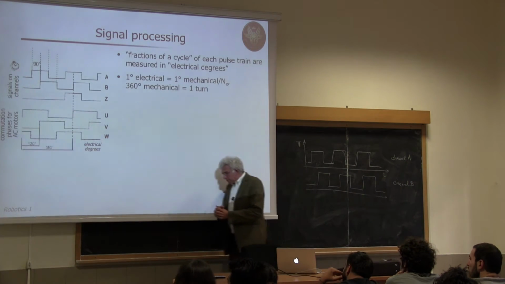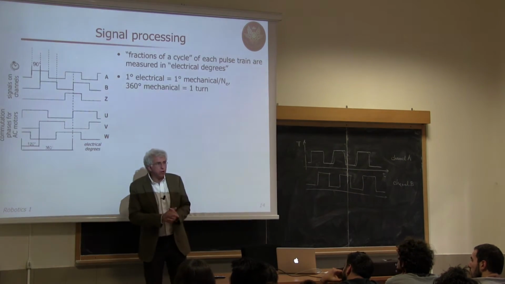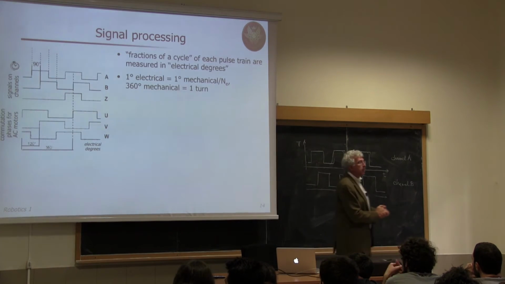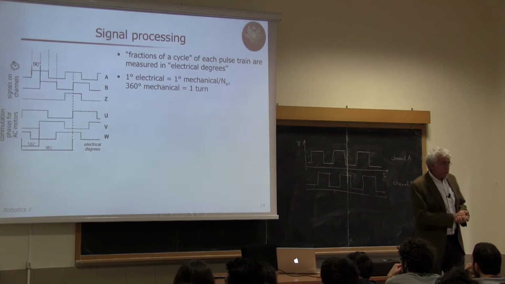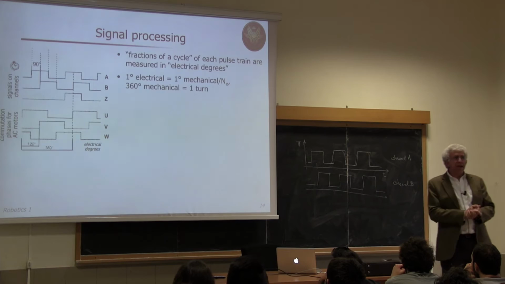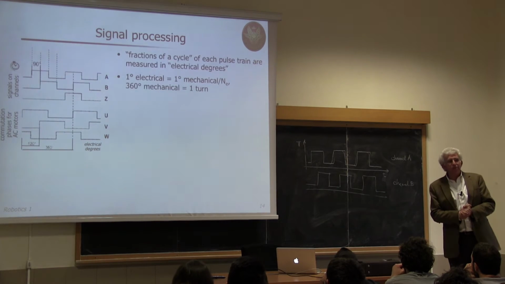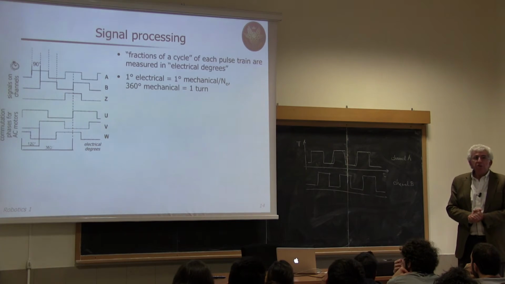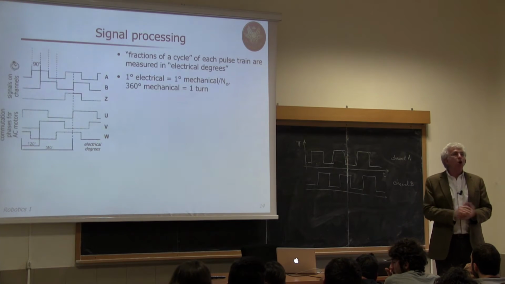So let's comment a little bit more on the zeroing operation. So when you turn on a robot which has incremental encoders, and this is often the case, I would say. It's not the totality, but it's often the case, more than 50% of the case, let's say, at least. Then the robot starts automatically a homing procedure.